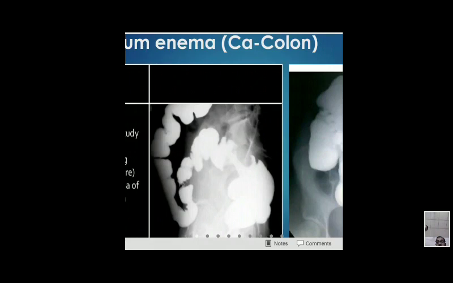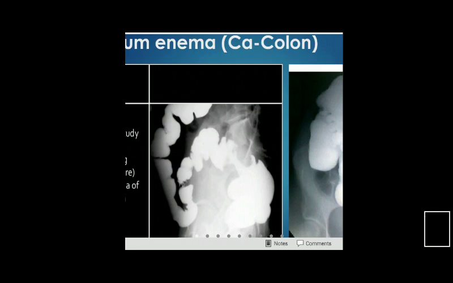So what are the risk factors for colonic malignancy? What are the risk factors for development of carcinoma colon? Inflammatory bowel disease, then family history, then some genetic syndromes such as Lynch syndrome, familial adenomatous polyposis syndrome, Gardner syndrome.